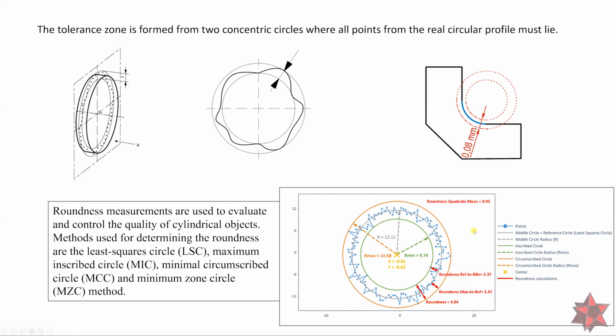If this circle had a maximum radius of 14.58 and a minimum radius of 9.74, then the roundness will be 4.84. It's the maximum radius minus the minimum radius, and this is the result right here.